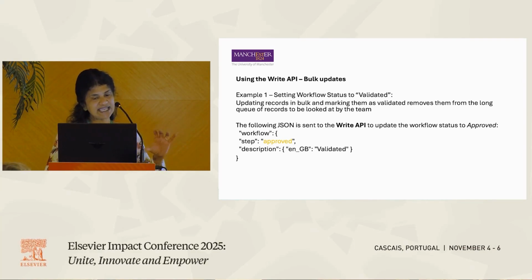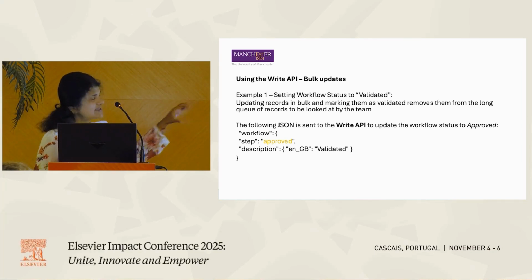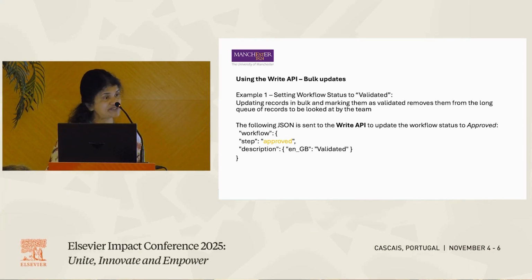This is the data we send, a very small JSON. We send it to the Write API to mark the workflow status approved. And this can be done for multiple records in one go, passing the Pure ID and this information. So it's very easy to do through the backend.